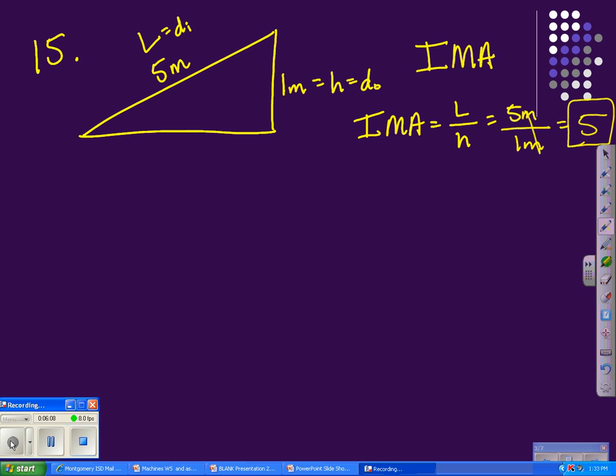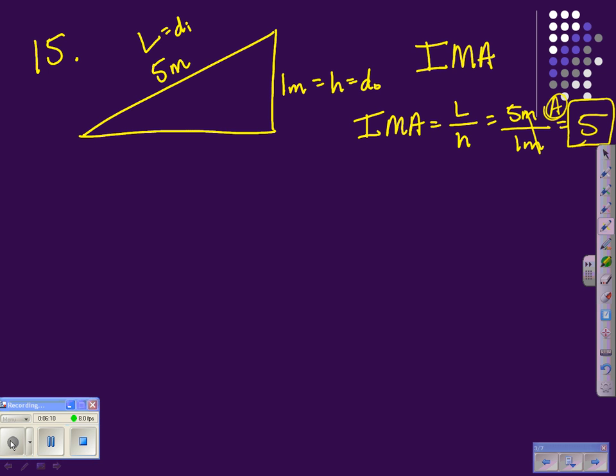So that was my A answer. It then says, what's the actual mechanical advantage if 100 newtons of effort, so that's my force in, because I'm having to put 100 newtons in, is needed to push a block that weighs, so that's your force out, of 400 newtons up the plane.